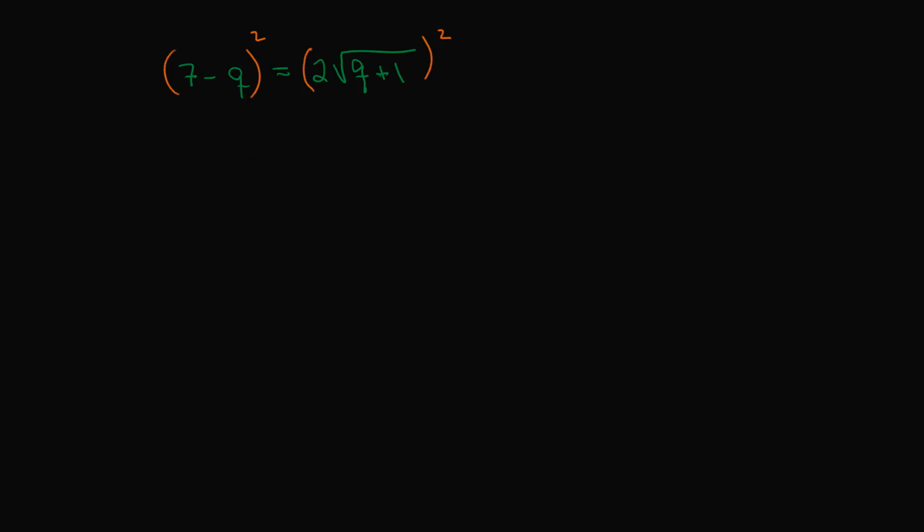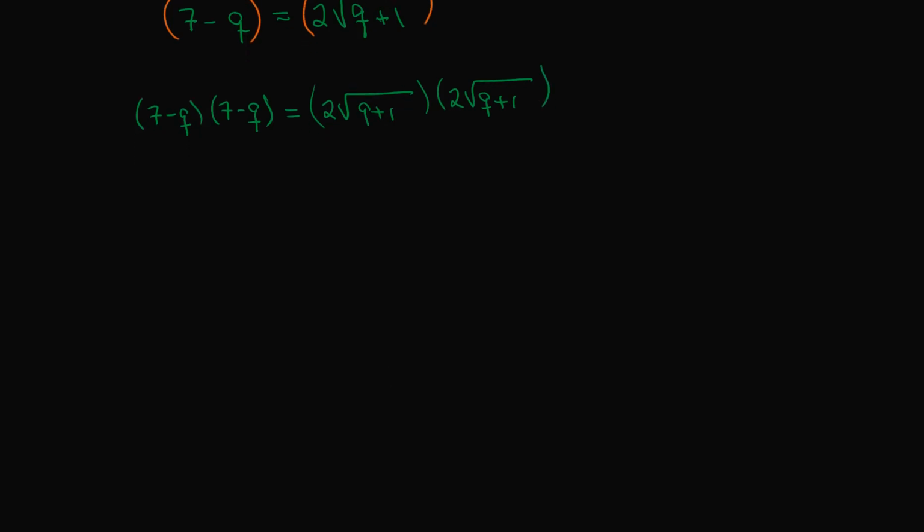You cannot distribute that exponent of 2 like you would 3 times it. What that squaring means is you have 7 minus Q times 7 minus Q. On the right-hand side, we're going to have 2 times the square root of Q plus 1 times 2 times the square root of this Q plus 1. All right, so we can FOIL out on the left side. We're going to have 7 times 7 is 49.